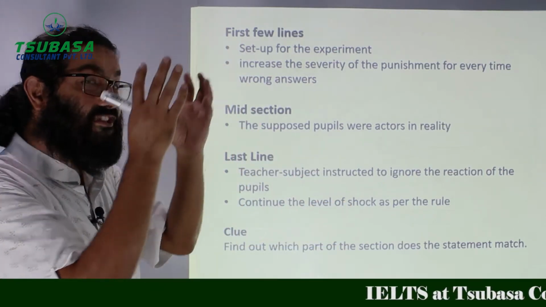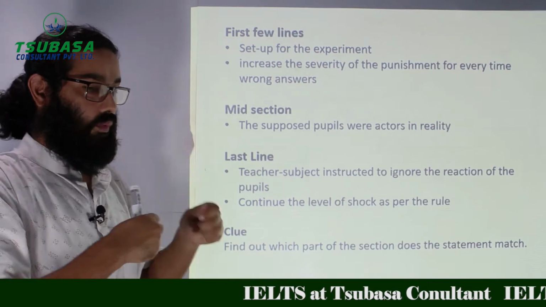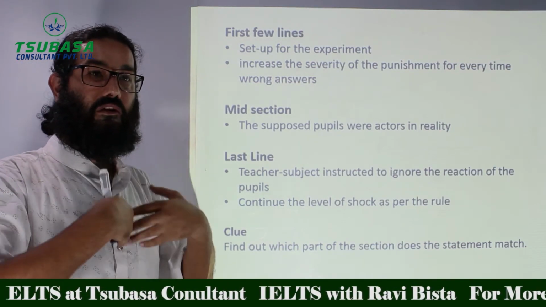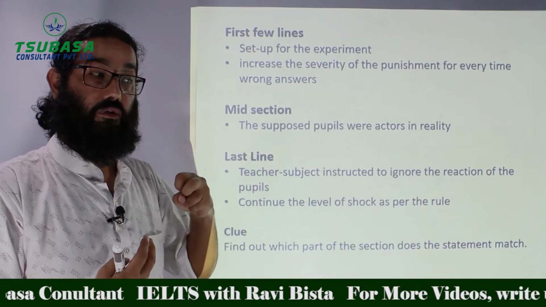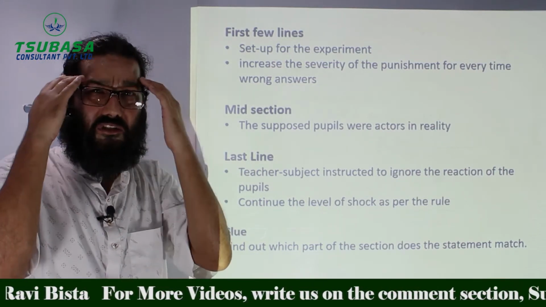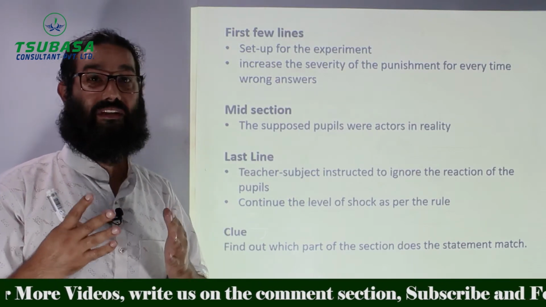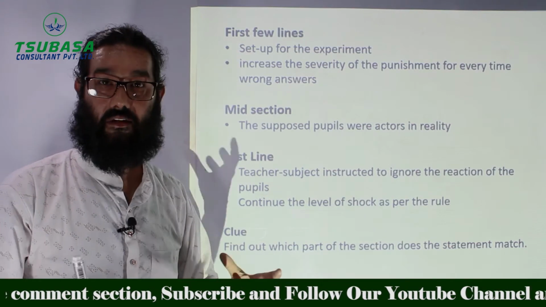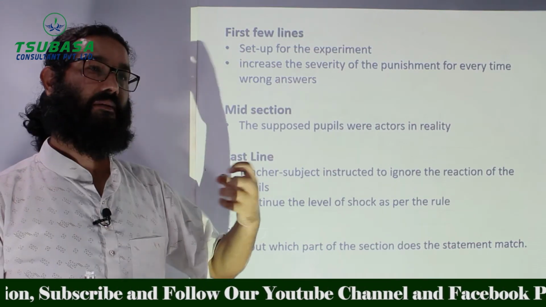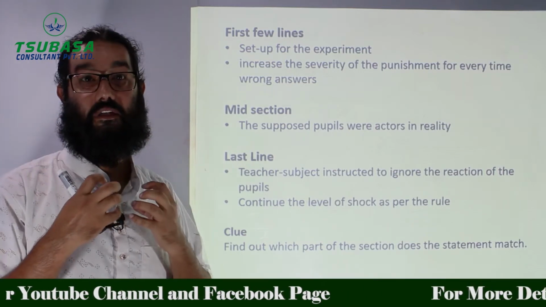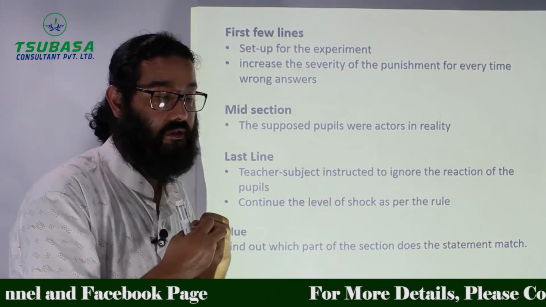Now, if you brainstorm the paragraph this way when you first begin at home, when you're practicing, and later on you get into the habit of virtually brainstorming, it's easy to understand. Now, you can't do that at the moment, or in a day. It takes a little bit of time. By the time you appear for the test, you will have developed this skill in the brain. It's easy, and you know where exactly to focus.